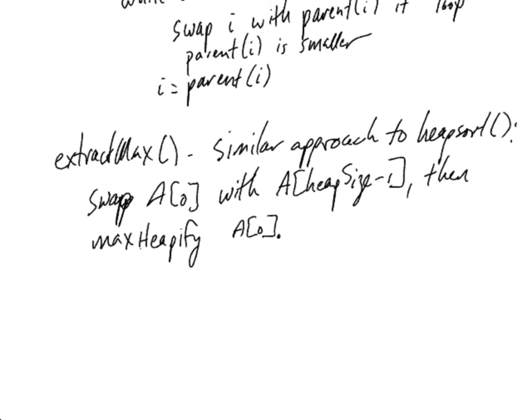And then we can remove the root. So just like we did with heap sort. That's priority queues.